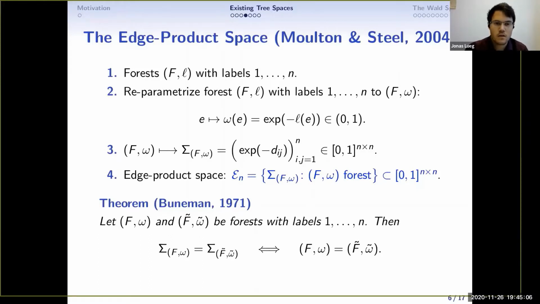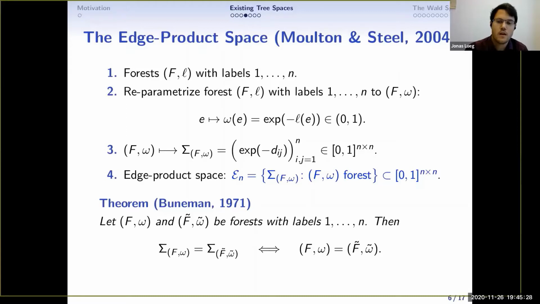Hence the name edge product space, because the Dijs are usually the sum of the edge lengths, and when you take the exponential, you get a product of the edge weights. Then we define the edge product space as the collection of all these matrices for each forest.